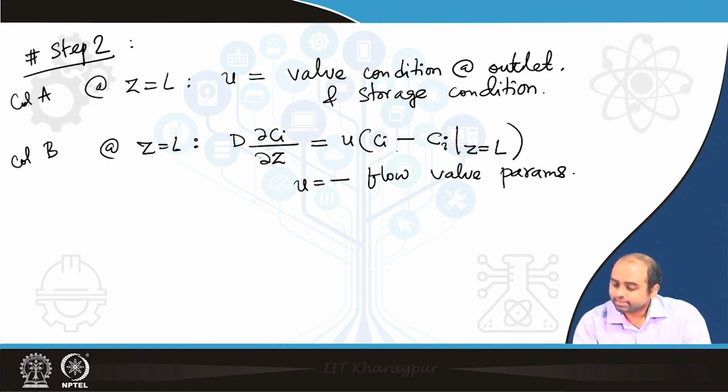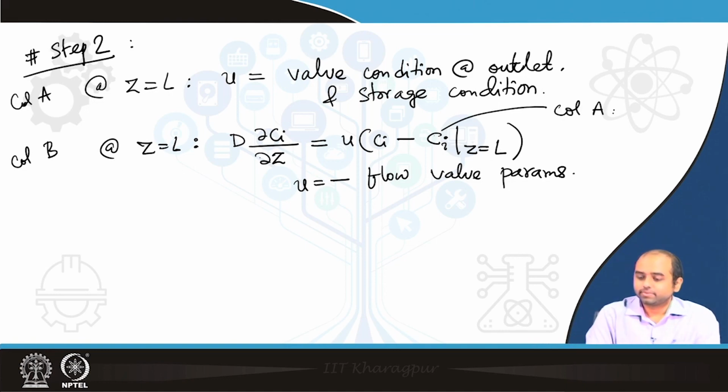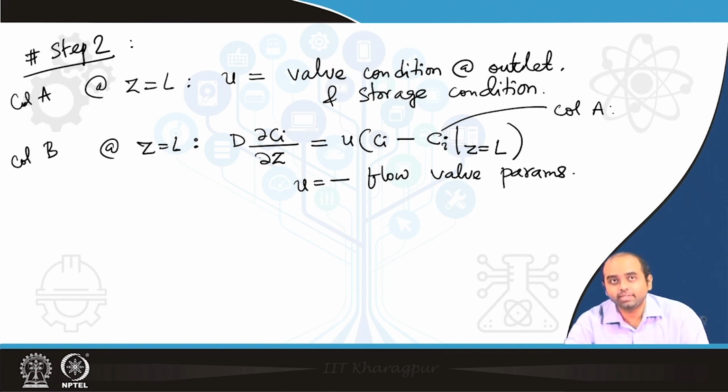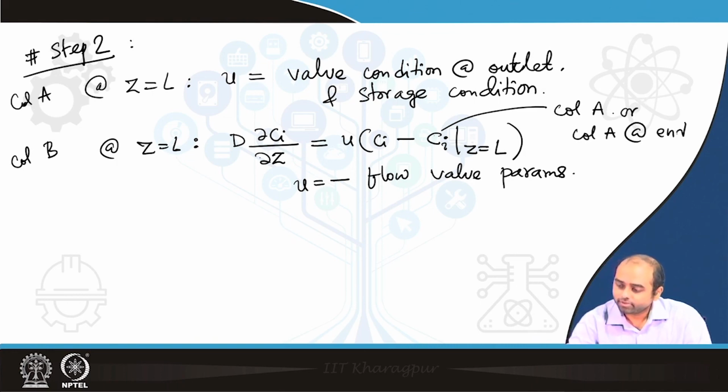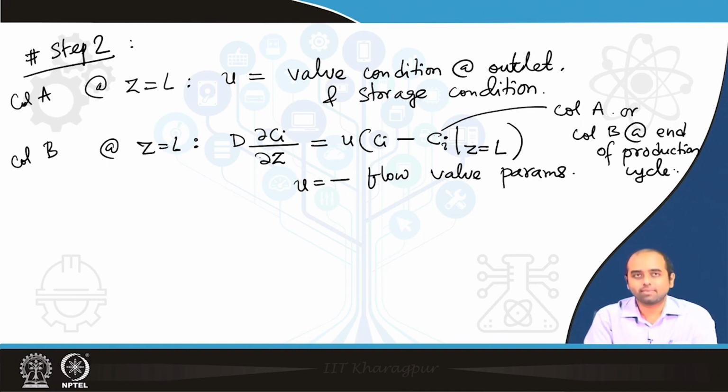So, this is Ci minus Ci at Z is equal to L for column A, right, unless, since we have a check valve, this depends on what is the last state of the production, the value of Ci at Z is equal to L for column B during the production cycle, at the end of the production cycle, right. The conditions for Z is equal to 0 will be the same as in step 1.